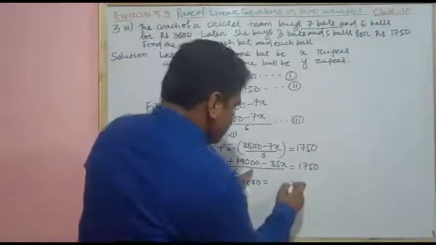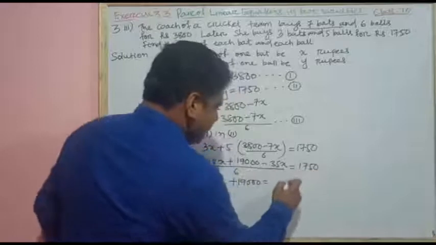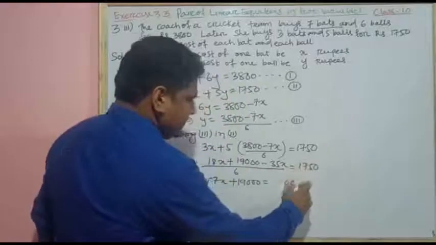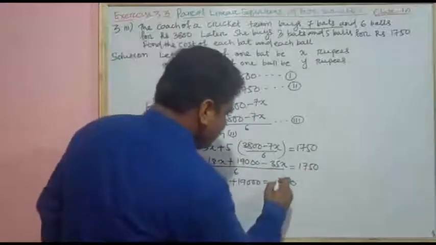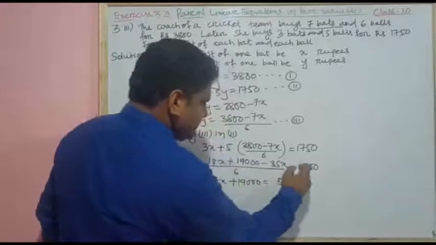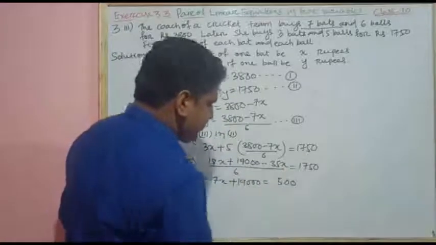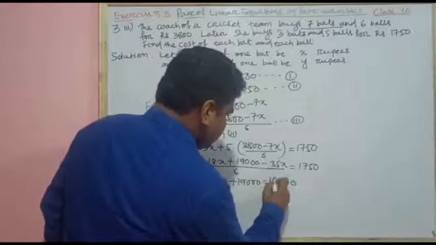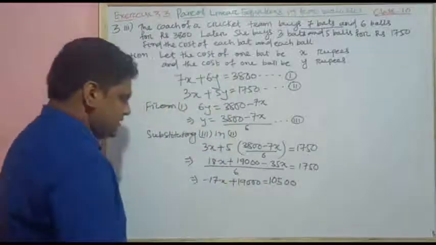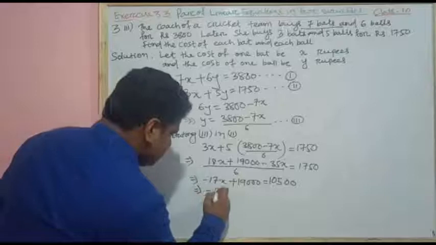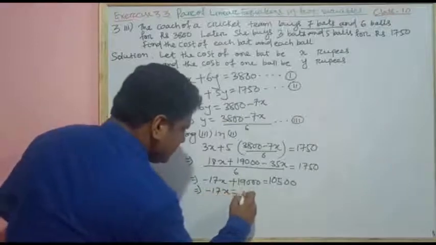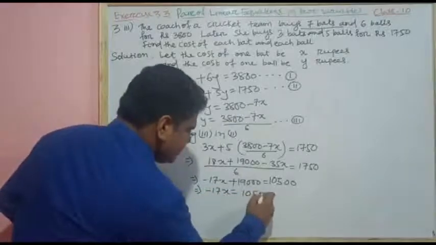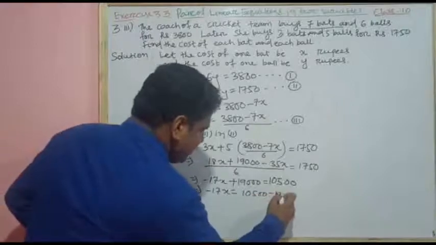6 into 0 will be 0. 6 into 5 is 30. 6 into 7 is 42 plus 3 will be 45. 6 into 1 is 6 plus 4 is 10. So 10500. This implies that minus 17x is equal to 10500 minus 19000.